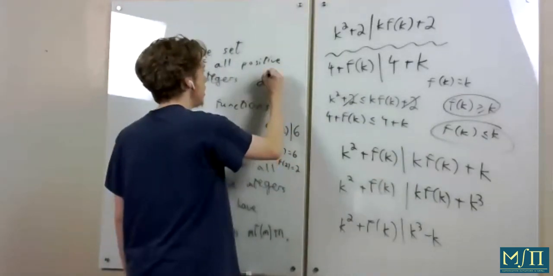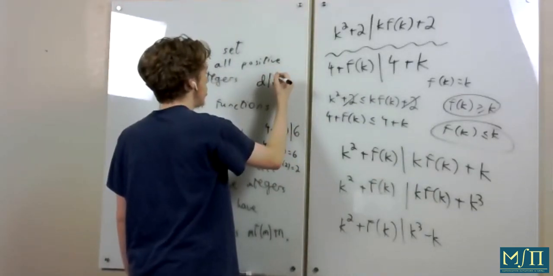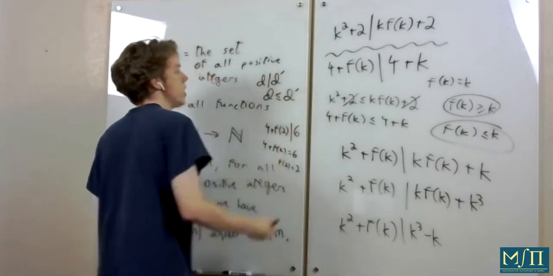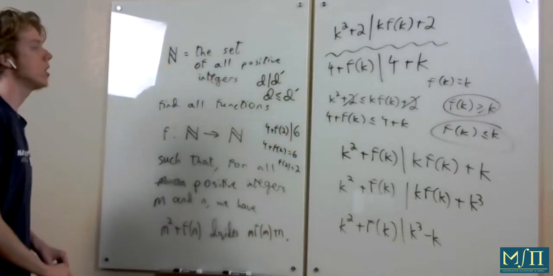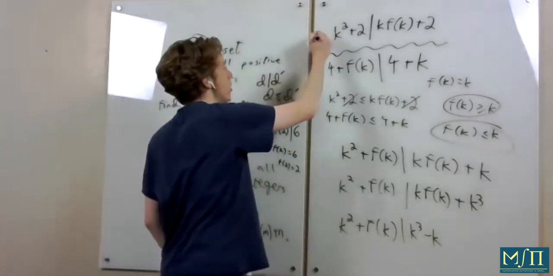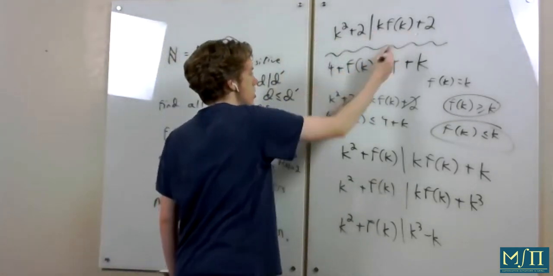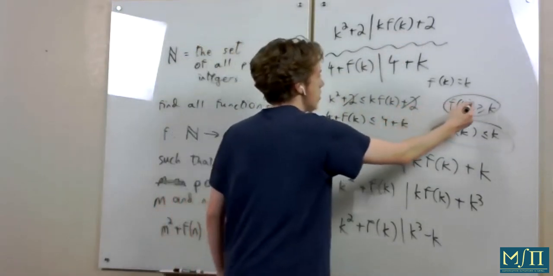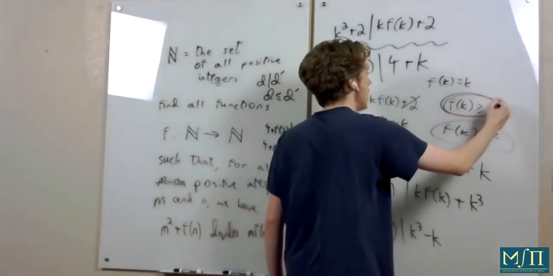If d divides d', then d is at most d'. And so here, for any k we know this, and we get this. So this must hold for any k.